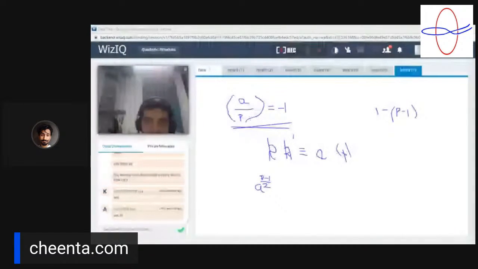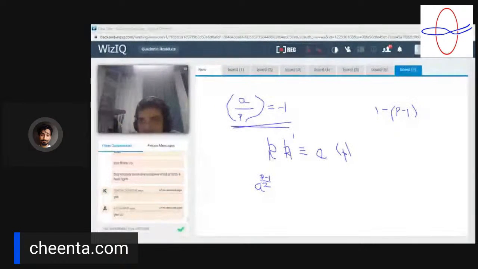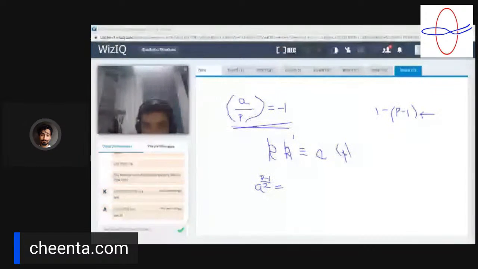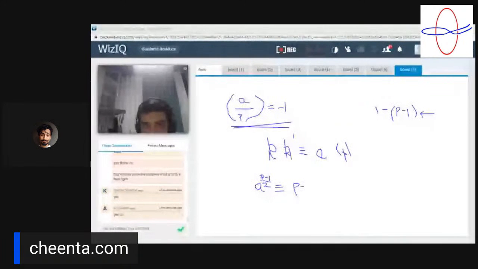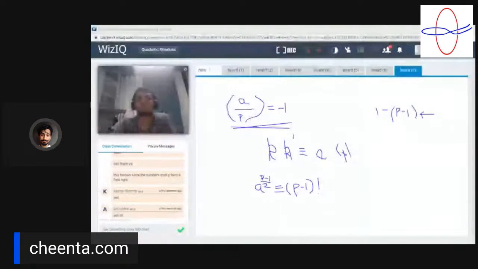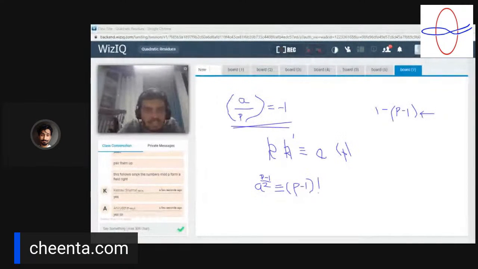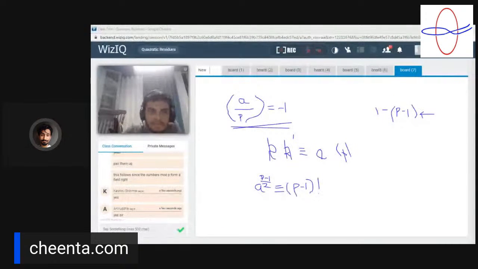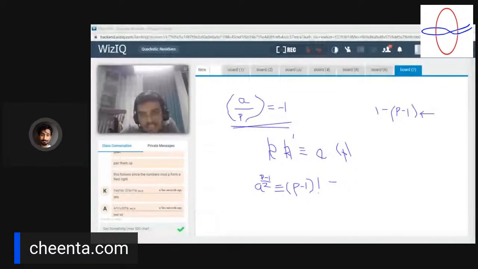If we substitute all of these (p minus 1)/2 pairs with the values of a here, you'll directly see that a raised to (p minus 1)/2 is congruent to (p minus 1) factorial. This is a little difficult to get, and if anybody has any doubts in this translation, please do mention. But once you get this translation, directly using Wilson's theorem, you have that this is congruent to minus 1 mod p.